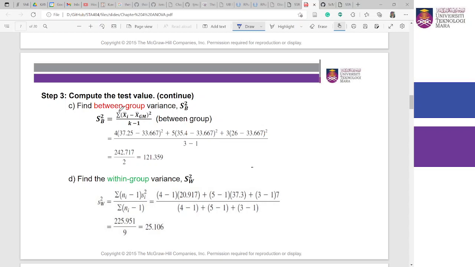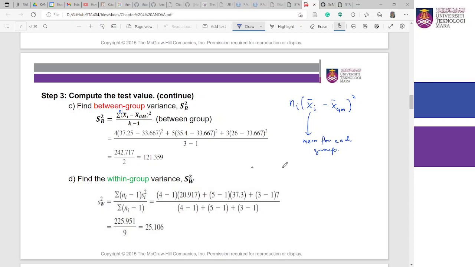Here there is a formula: n_i multiplied by (x bar i minus x bar GM) squared. So what does this mean? This part is actually the mean for each group.